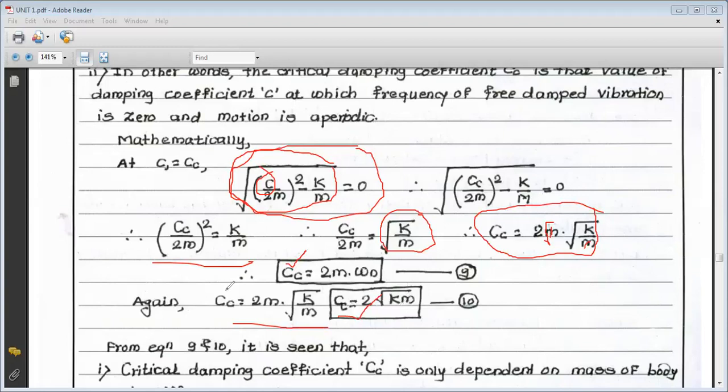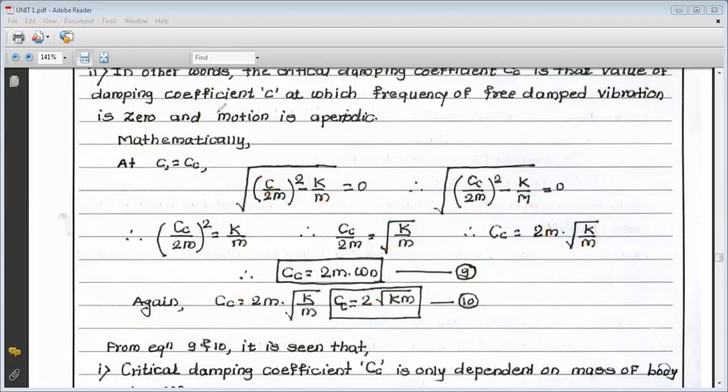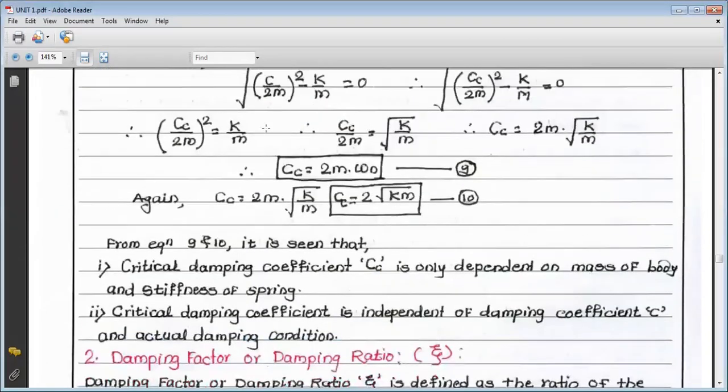So this is the critical damping coefficient. Now from this formula we can see that the critical damping coefficient Cc depends only on the mass and stiffness of the spring. It does not depend on the damping coefficient.